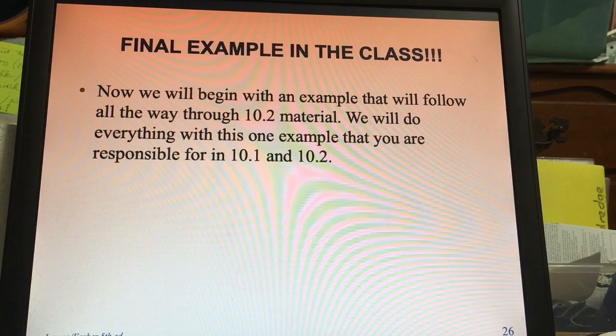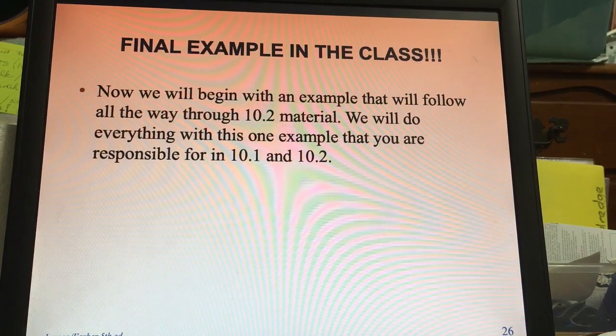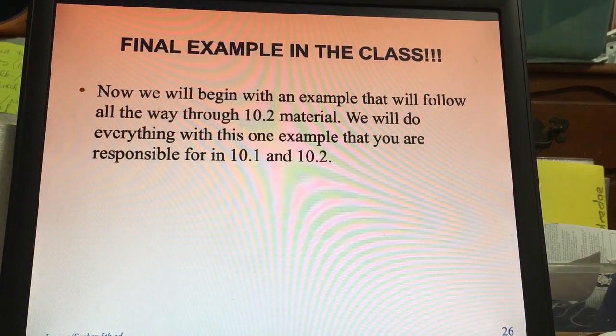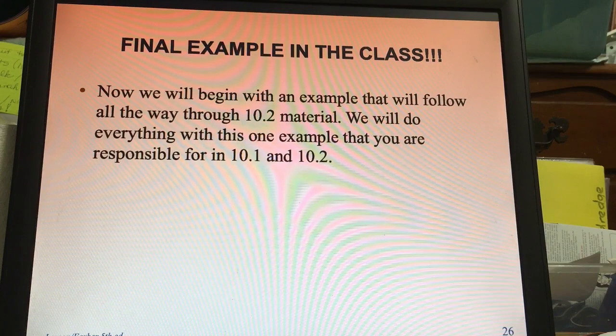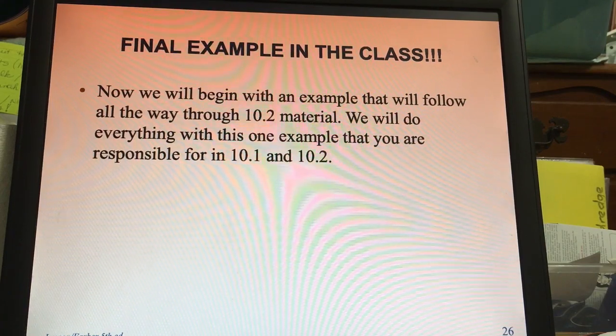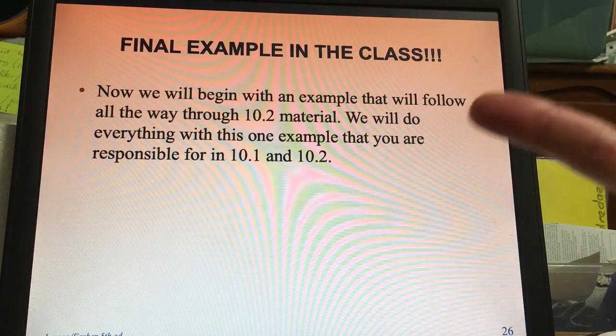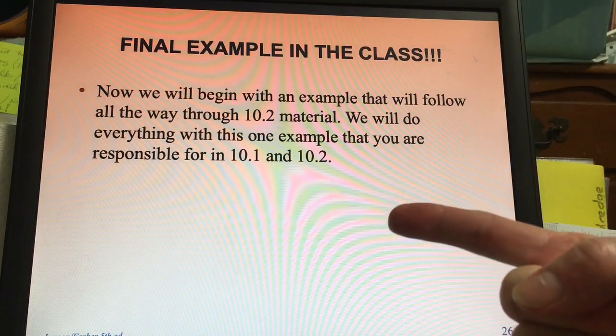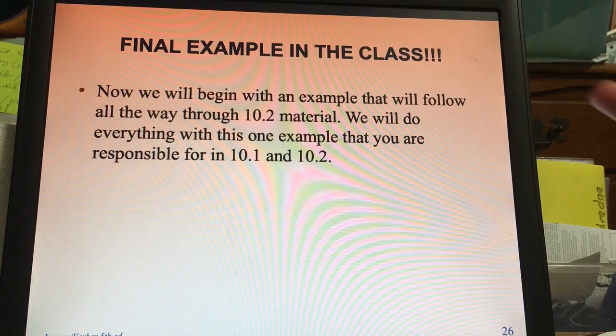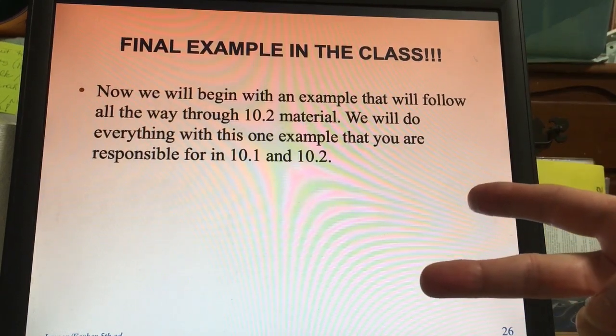So now, this is important. This is a big ta-da moment. Final example in the class. So I'm going to start an example right now, which we are going to continue to do all 4 of the things that we have to do. Now, so far, you know how to make a scatter plot and how to find a correlation coefficient.